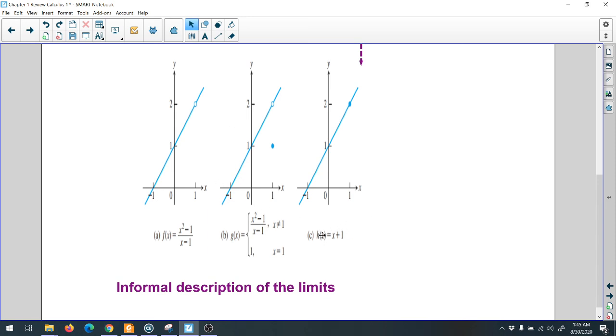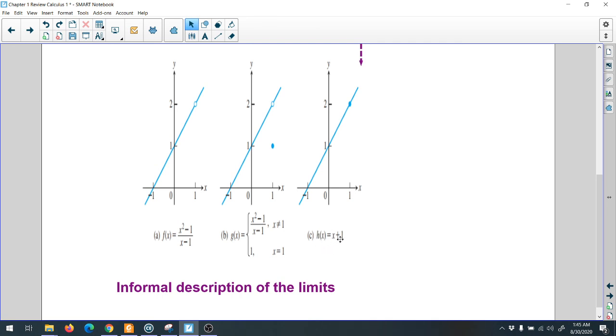In this example, we have another point, and this point is included on the same line. It lies on the same line, and it covers the gap. It has no gap here.